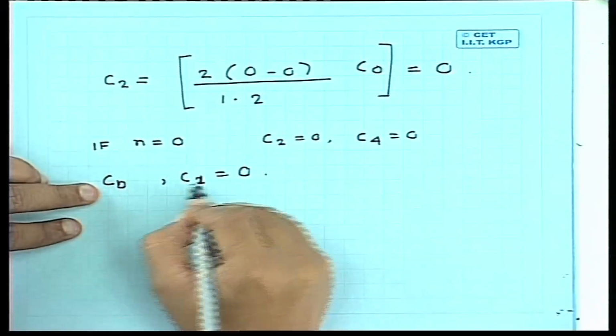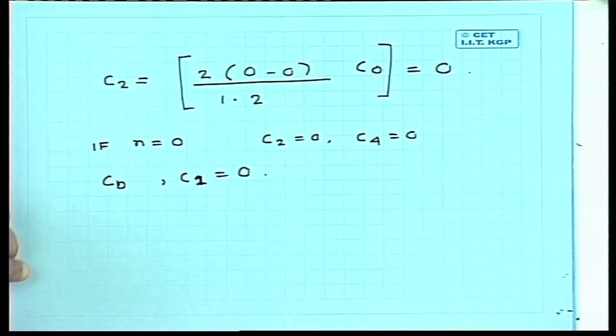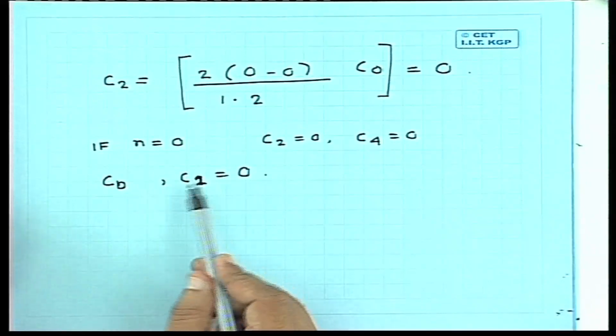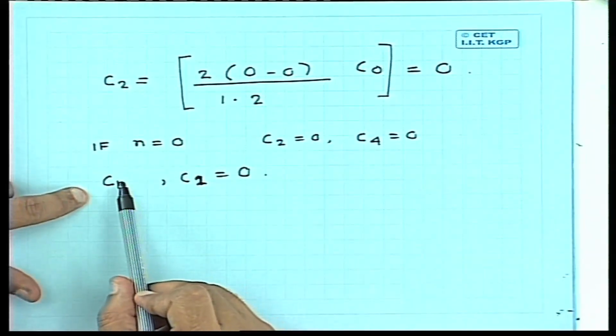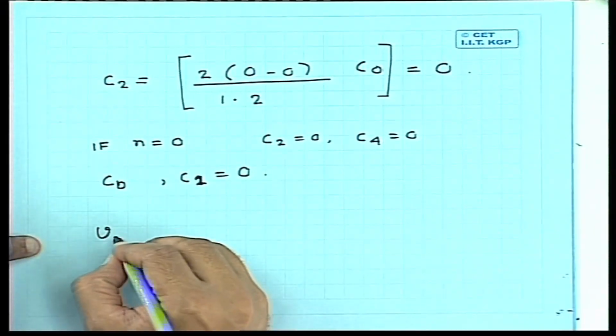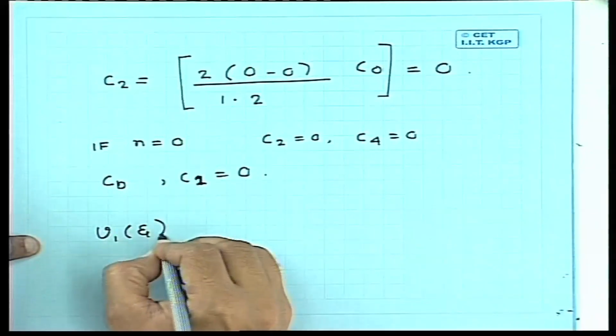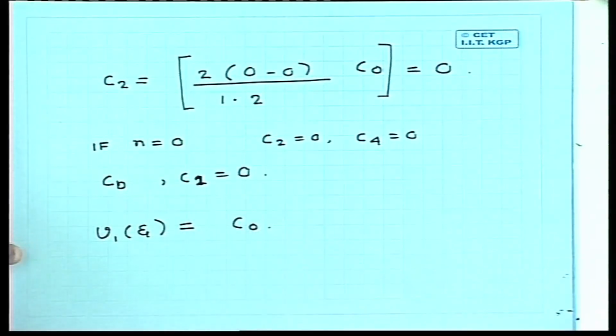All the odd ones are 0 because C1 is 0 and all the odd ones follow from C1. All the even ones beyond C0, C2 included, are all 0. So we are left with just V of xi equal to some constant C0.